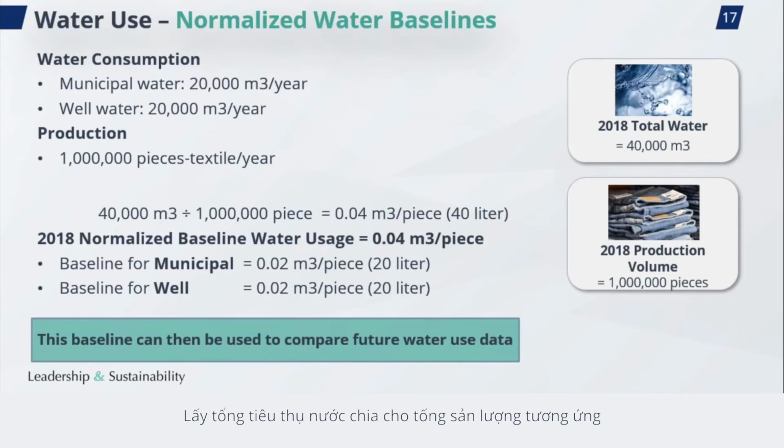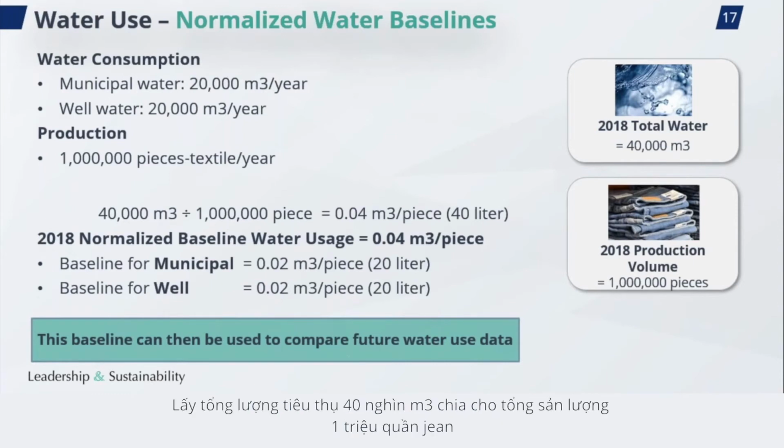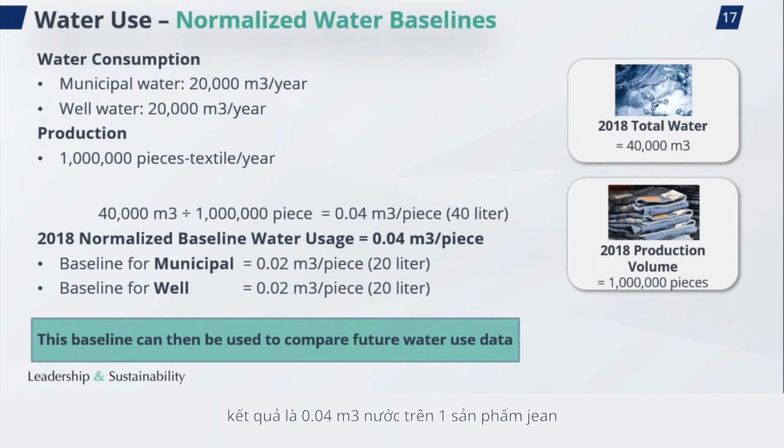And this gives us 0.04 cubic meters per pair of jeans, which is the same as 40 liters per pair. So we take 40,000, the total water consumption, and divide it by 1 million, the number of pairs of jeans that we produce, and the result is 0.04 cubic meters per piece.